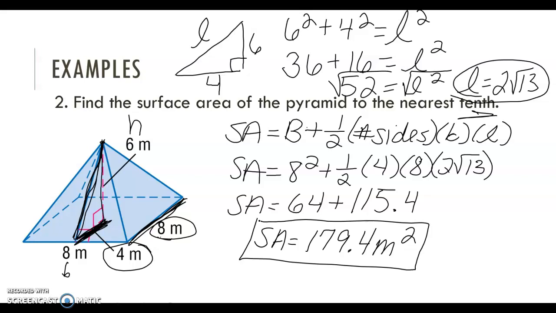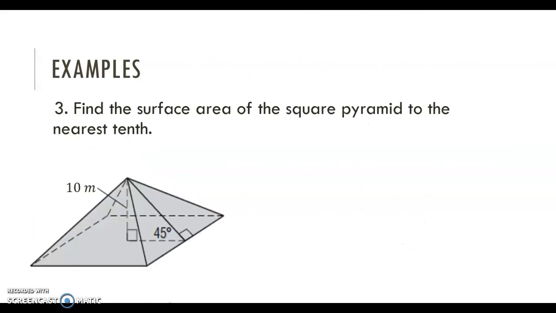Okay, another example. So looking at this example, again, we have a square pyramid, and the only thing that they're giving me here is the actual height of the pyramid is 10. But again, we have this right triangle cross section being formed that is a 45, 45, 90 triangle. If you recall, in a 45, 45, 90 triangle, the legs are congruent.